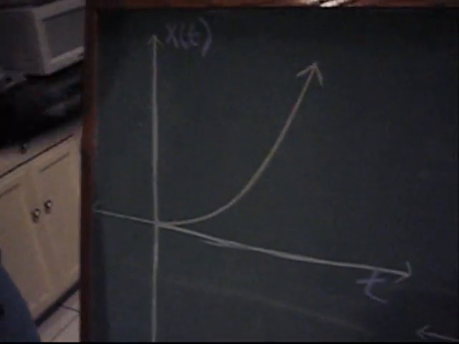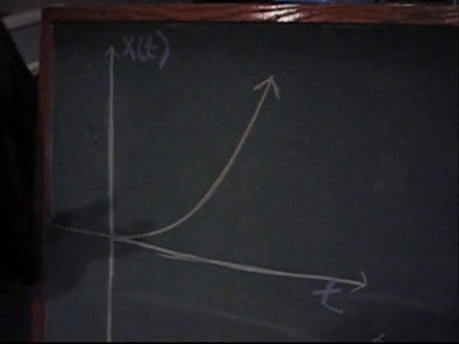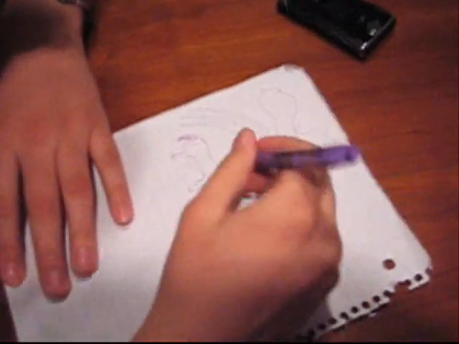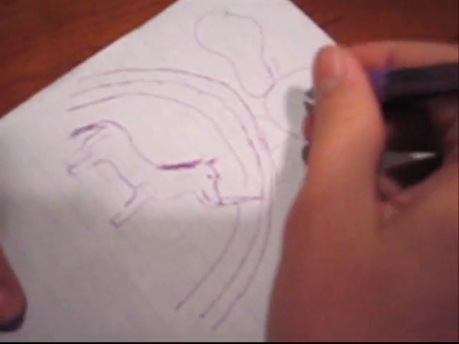If it's concave up, the acceleration is positive. If it's concave down, the acceleration is negative. And I'm done.